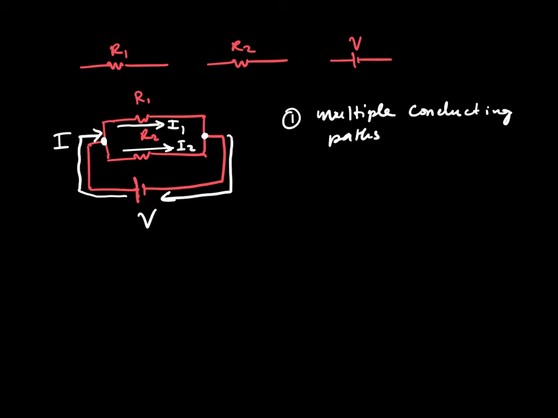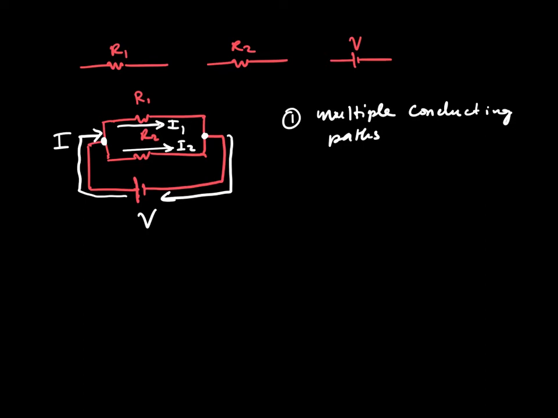A car arriving at the exit will have the option to continue on the main road or go through the exit. So the sum of the two currents leaving the junction must equal the current entering the junction.